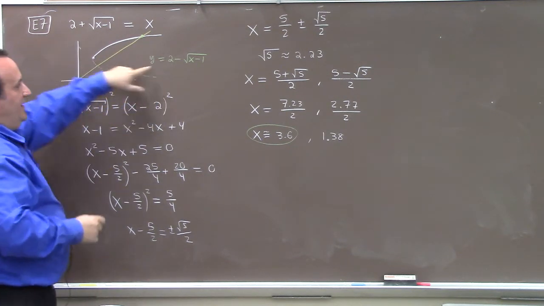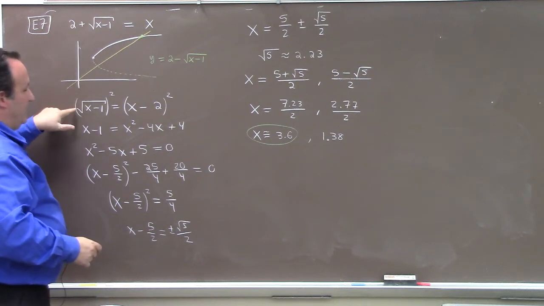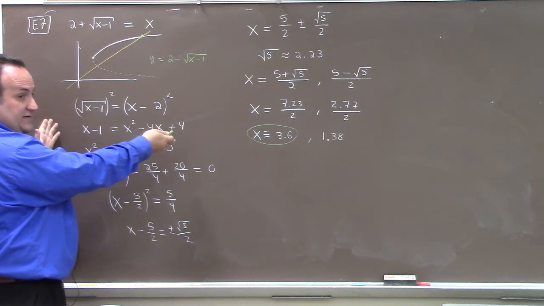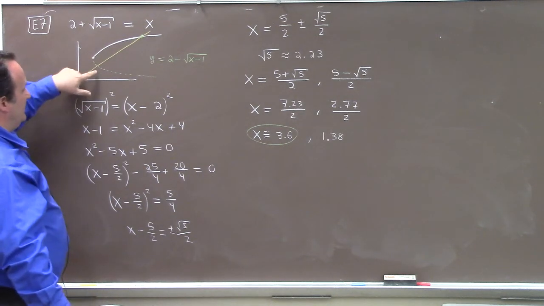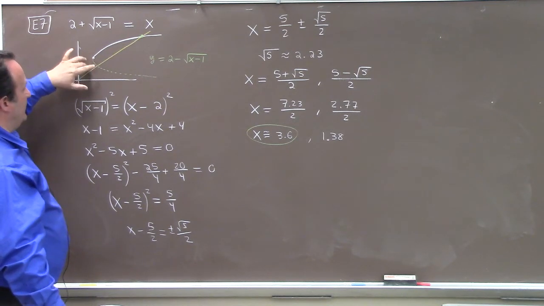If I had that instead, and I would have isolated the radical with a minus instead of a plus, when I square it, I get the same quadratic equation. So geometrically, we're picking up on an intersection point of an equation that we're not actually given.